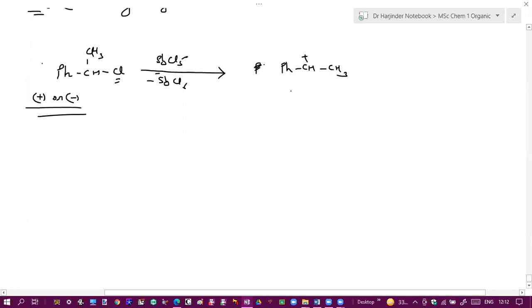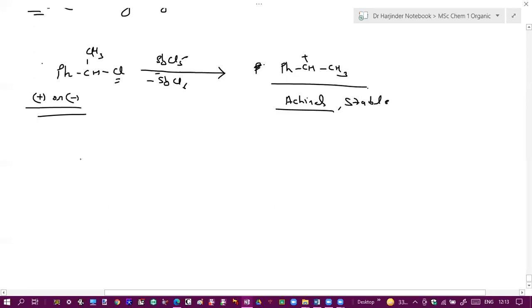Is this a stable carbocation? Yes, sir. It is a stable carbocation. Why is it stable? Because the phenyl group has resonance with this positive charge.